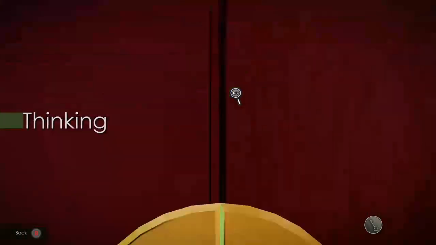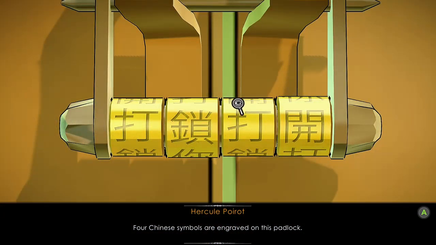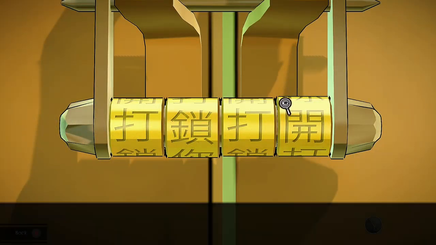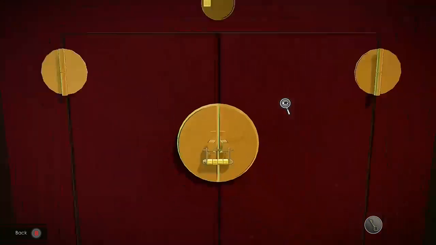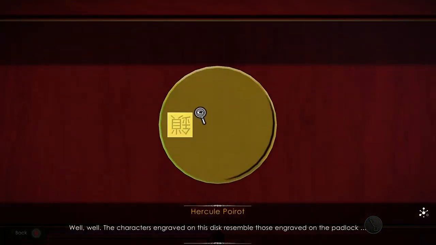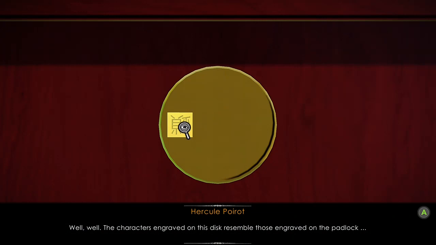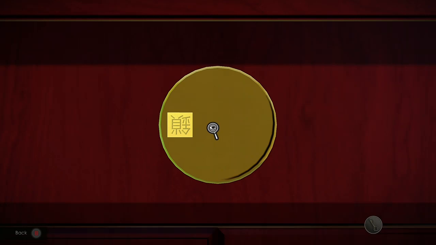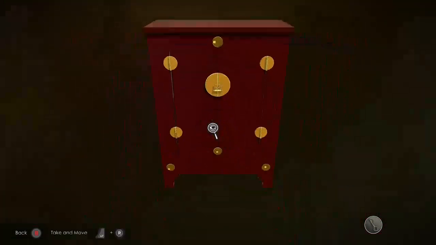Four Chinese symbols are engraved on this padlock. The characters engraved on this disc resemble those engraved on the padlock. So a little house, upside down.